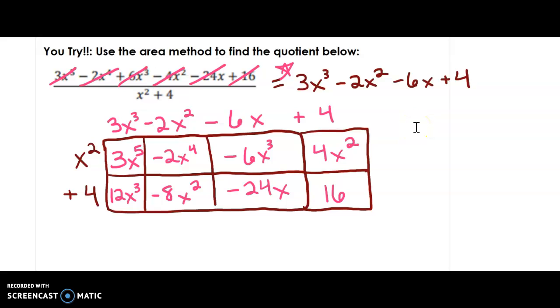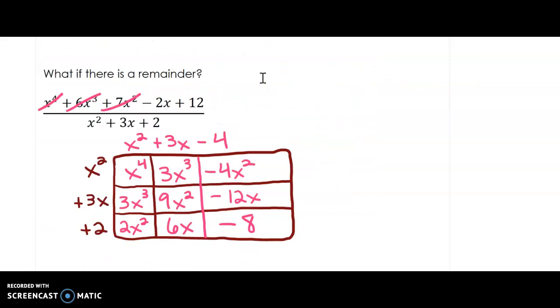One more type of example I want to talk about is, what if what we're dividing by isn't actually a factor of our original polynomial and we have a remainder?